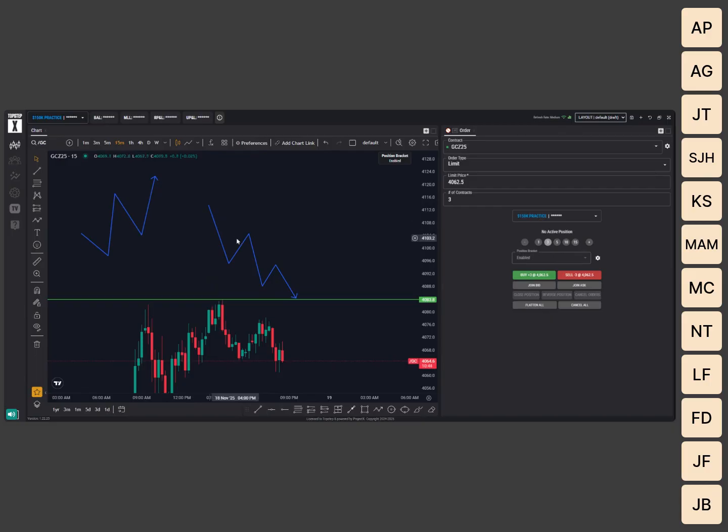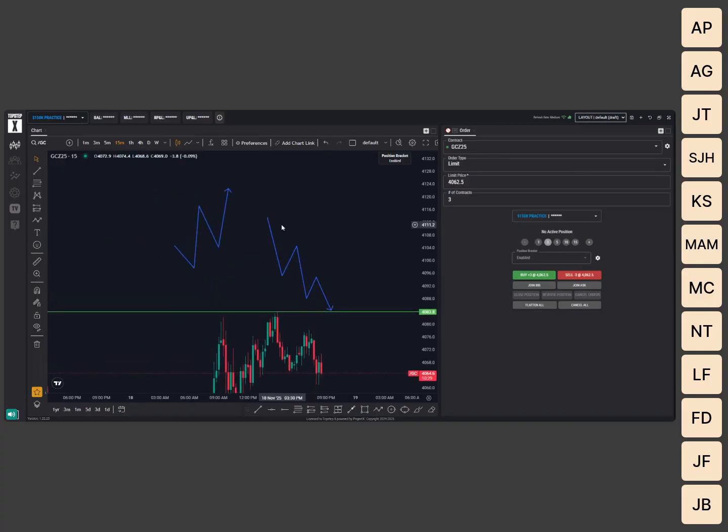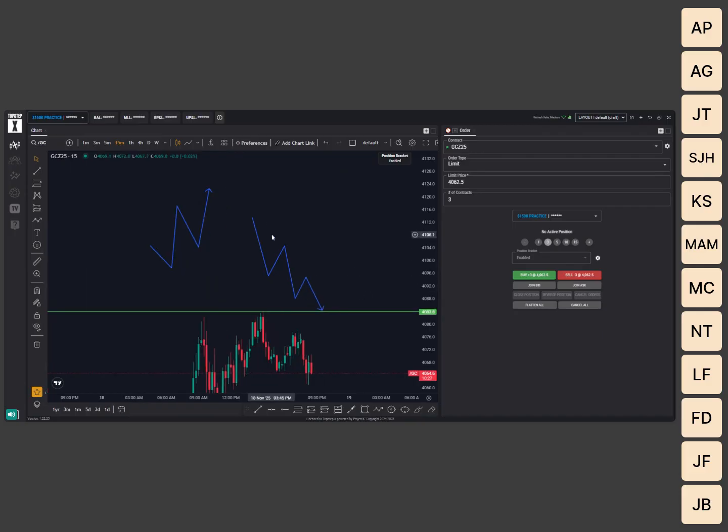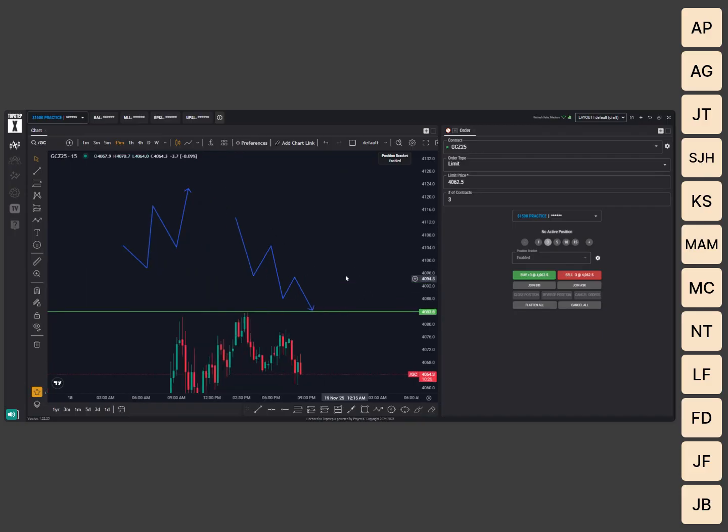So these highs are getting lower and these lows are getting lower. So you would name it as such. You would say lower high, lower low, lower high, lower low, lower high, lower low, right? For this, we would be in a downtrend or we would be bearish, right? So we got bullish up, bearish down.